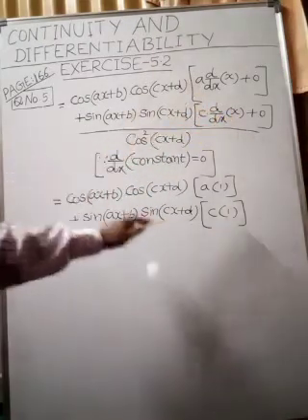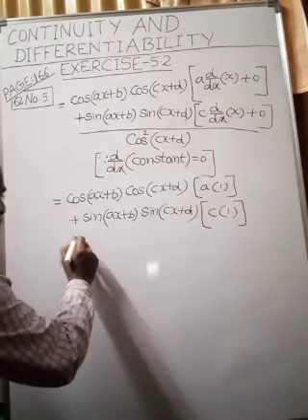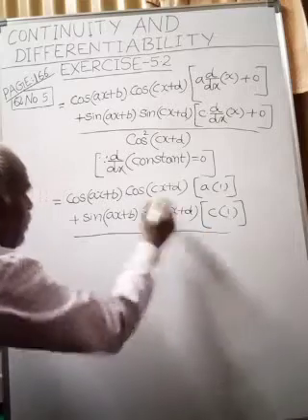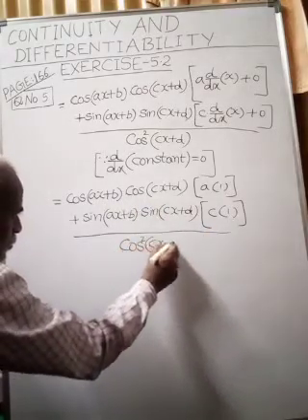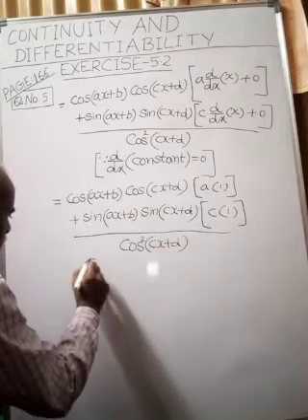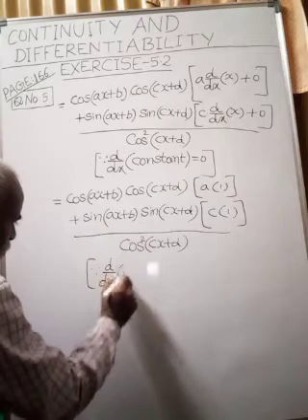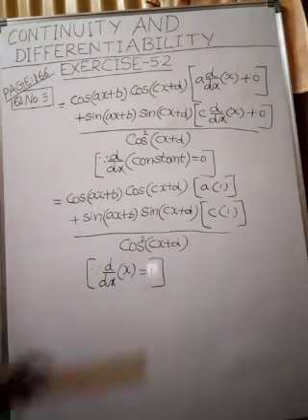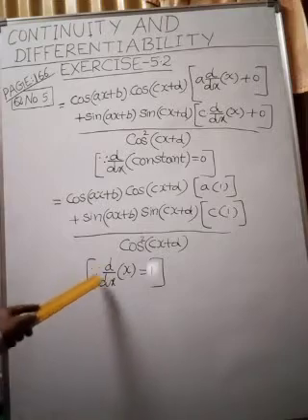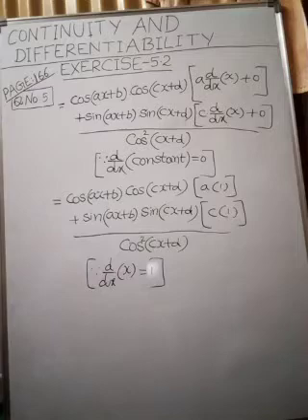What is the d by dx of x value? 1. Okay, my dear children? Whole divided by cos square of cx plus d, because in this step we used this formula, d by dx of x is equal to 1. Understood this step, my dear children?